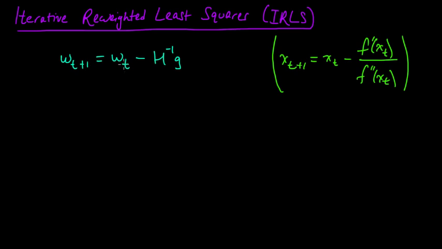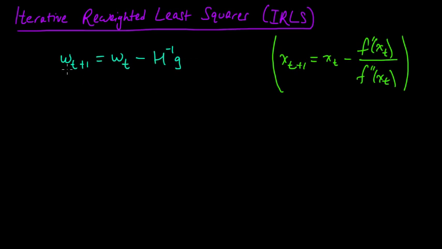It's w_{t+1} equals w_t minus, and the only natural thing for the second derivative of a multi-dimensional function is the Hessian. The only way to naturally divide by a matrix is to take the inverse. And the only way to combine a matrix with a vector is in this way.